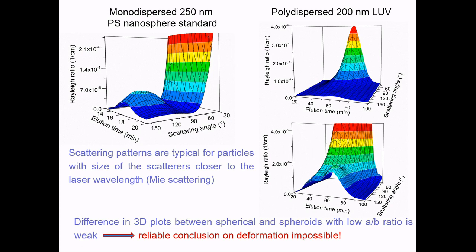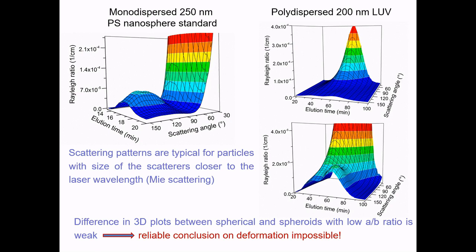Such angular dependence of scattered light is very similar to that observed for the polystyrene latex standard of 250 nanometer in size and is typical for particles with sizes close to the laser wavelength. Such particles are classified as demi-scatterers.